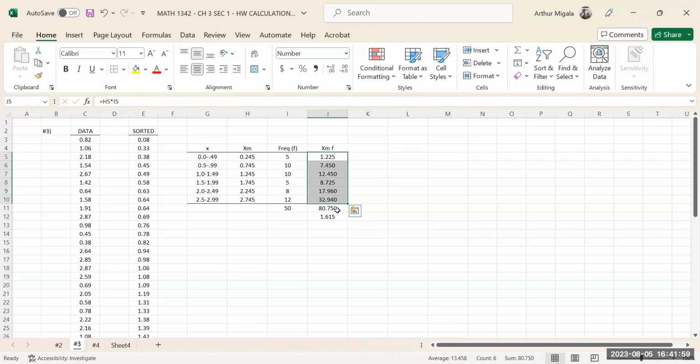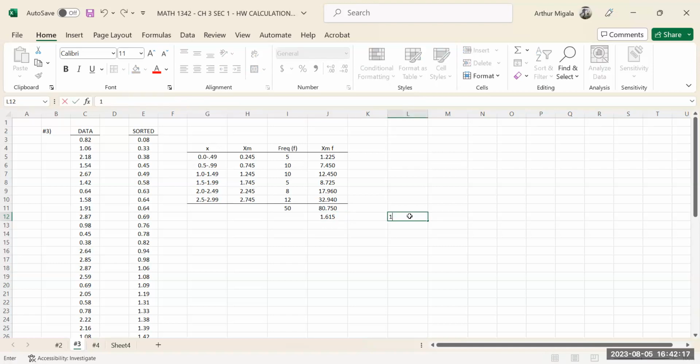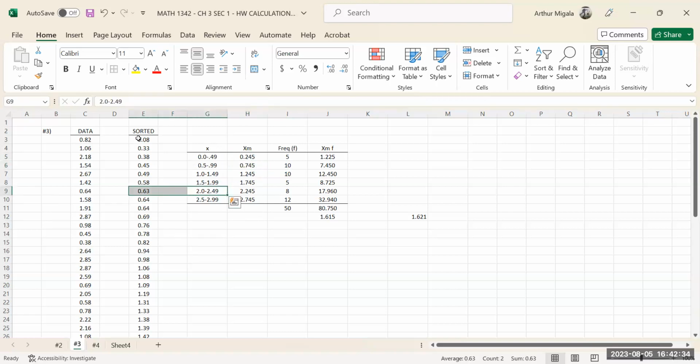I got 80.750 divided by 50, which is 1.615, just a little bit lower than the 1.621. That is because I'm using an estimate of the values. I'm saying that there are 5 of these numbers in the data set, but we see from our data set that we have these numbers. So that's why this is a very rough estimate.